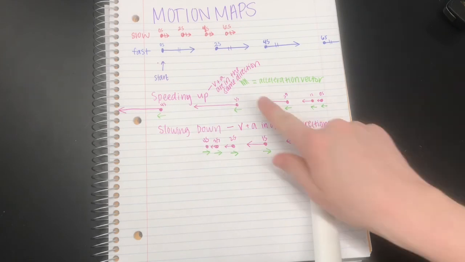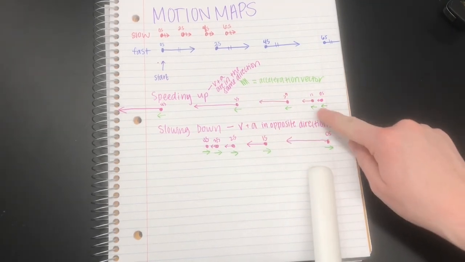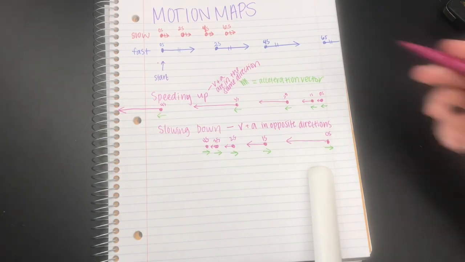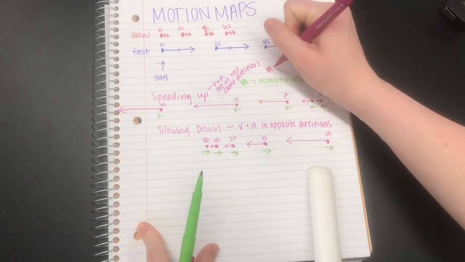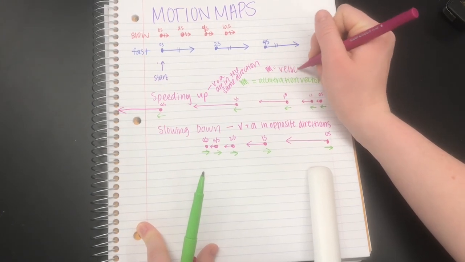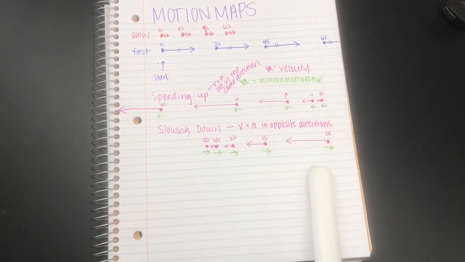So just a reminder, these green vectors represent acceleration. These pink vectors represent velocity, both in magnitude and direction. So the length tells us how big they are, and the way the arrow is pointing tells us the direction.